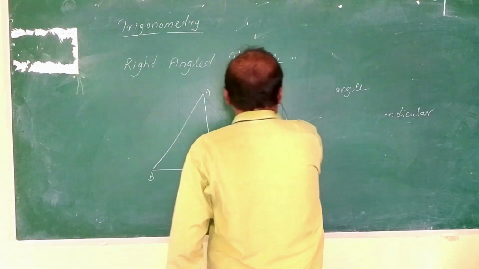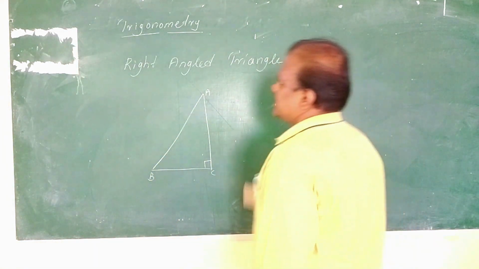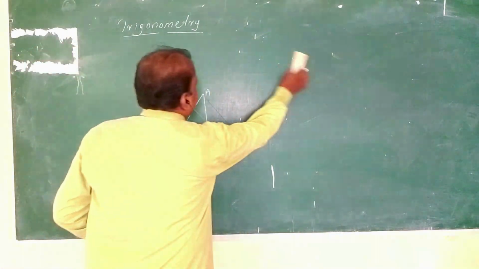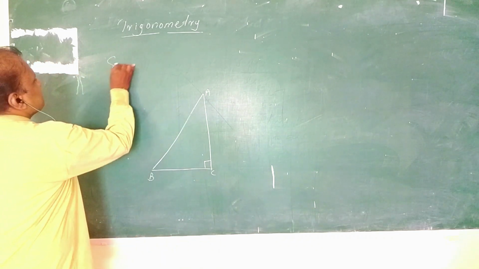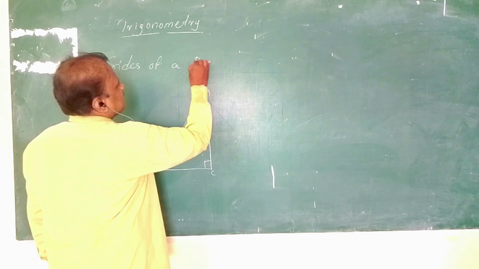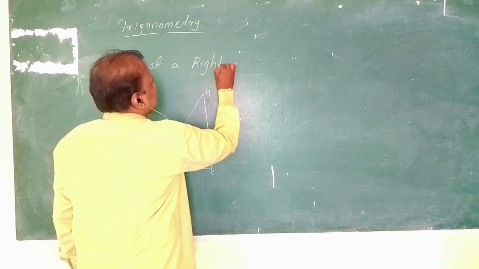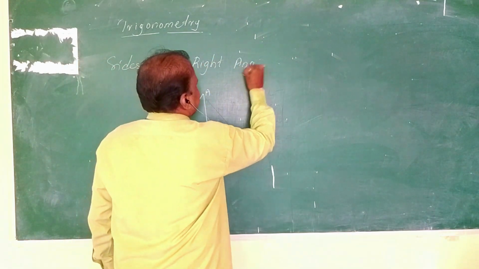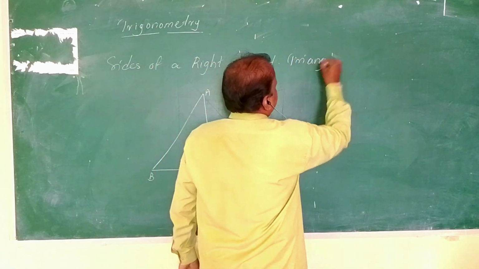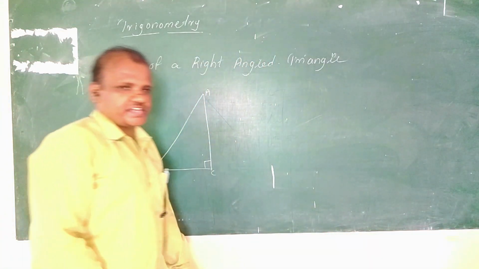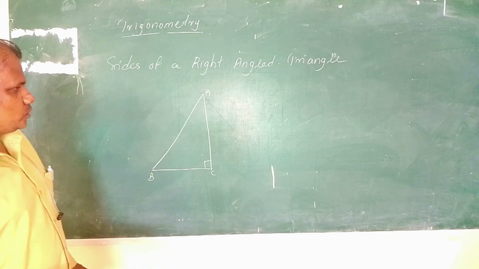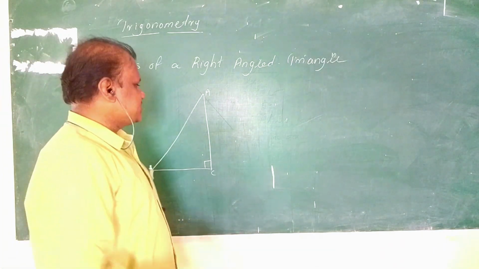Now we have to identify the sides of a right angle triangle. Basically it is a polygon with three sides, and we have to assign a particular name to each of those three sides.